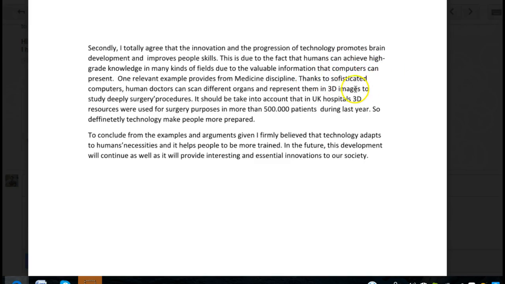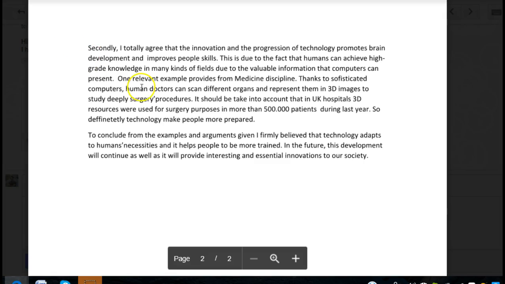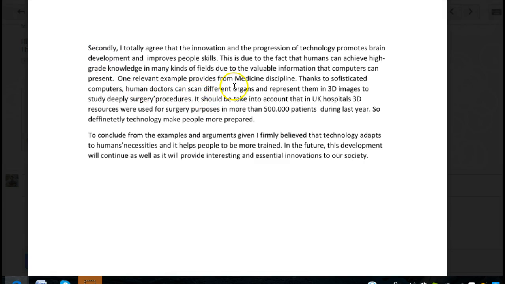"Thanks to sophisticated" — again your spelling — "computers, human doctors can scan different organs and represent them in 3D images to study deep surgery procedures," without the apostrophe and without the "ly" here. I wouldn't even have used the word "human" here because the only doctors I think we know of are humans, so there's really no reason to put it here.